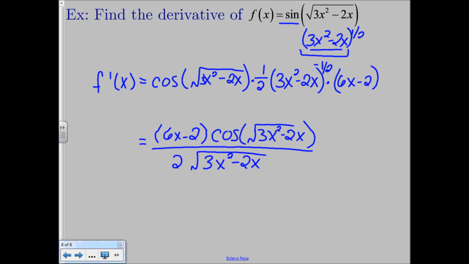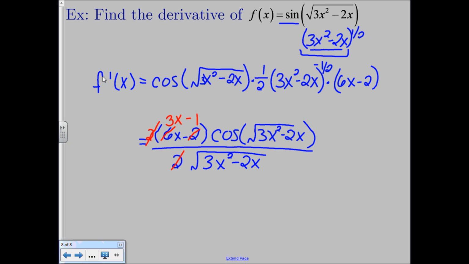Now you might notice that there is a GCF of 2 in here, so we can actually factor a 2 away from both of these, put it outside, and this becomes a 3x minus 1. Then we can cross out the 2 here and the 2 in the denominator.